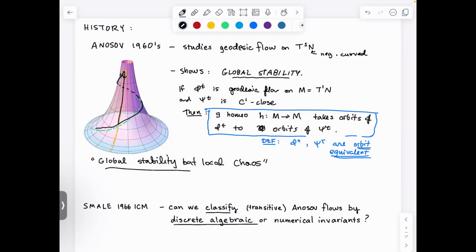Your suspension thing reminds me a bit of the irrational torus, where depending on the slope, if it's irrational, it's dense, and if it's a rational slope, it's not. So that seems very different behavior from your flows. How does this relate? Yeah. So you're just sort of changing the slope of the foliations, right?